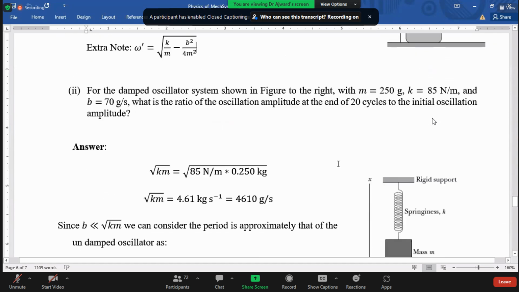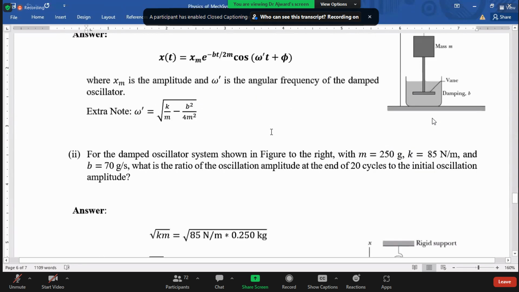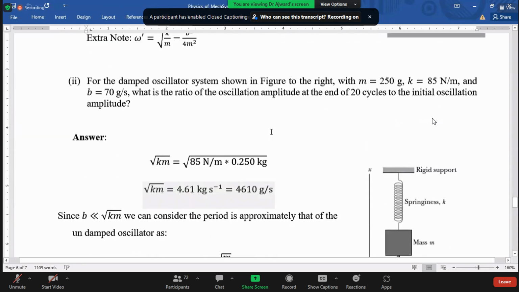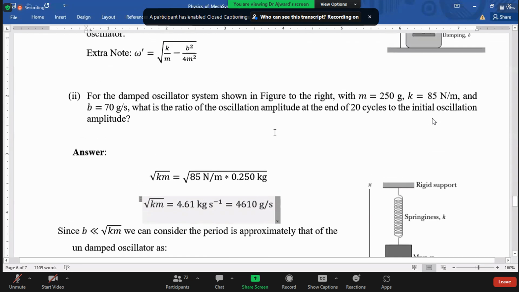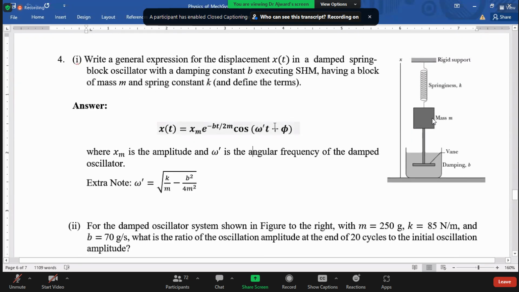And part one is something you have to answer from memory. And part two, it says you can also derive this equation, but I didn't give that question because it will be a bit more difficult.